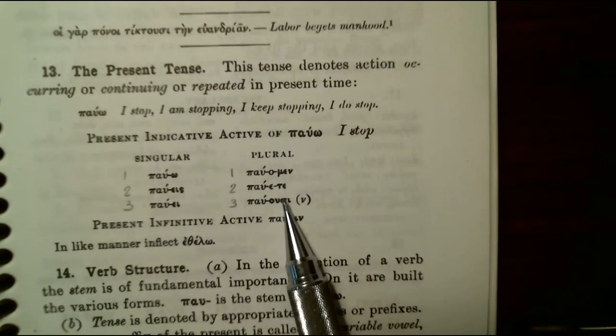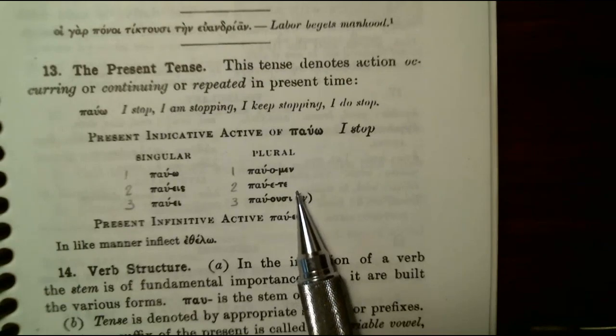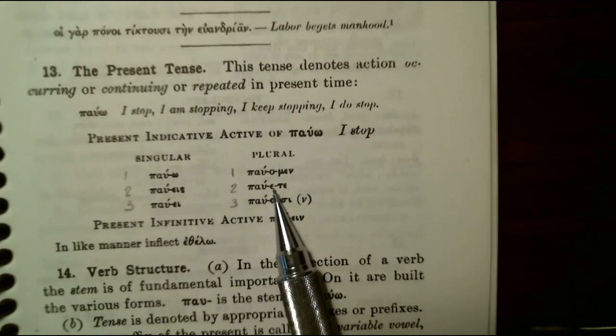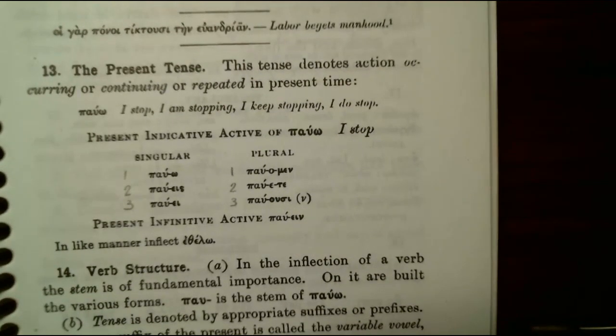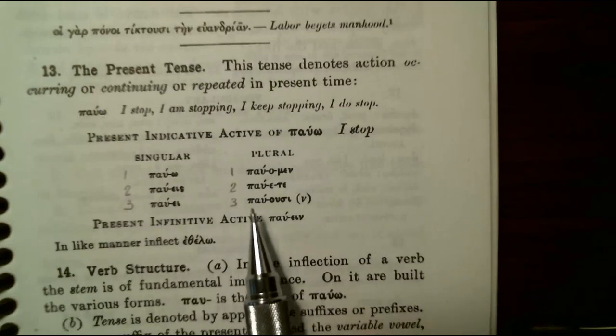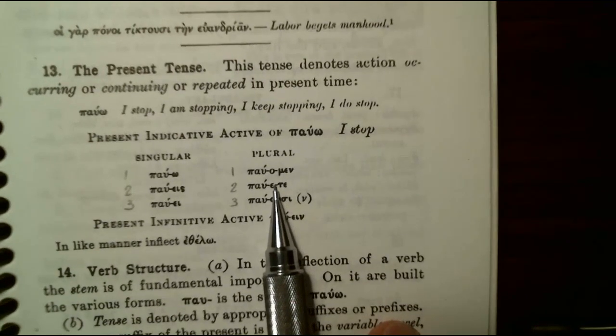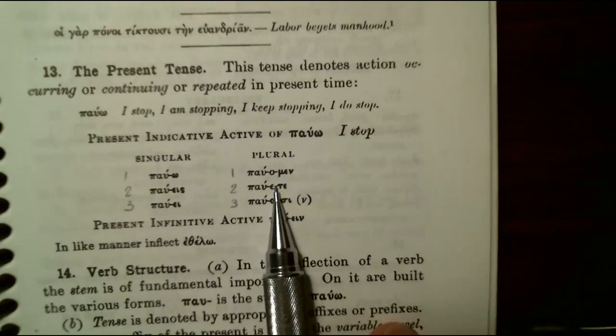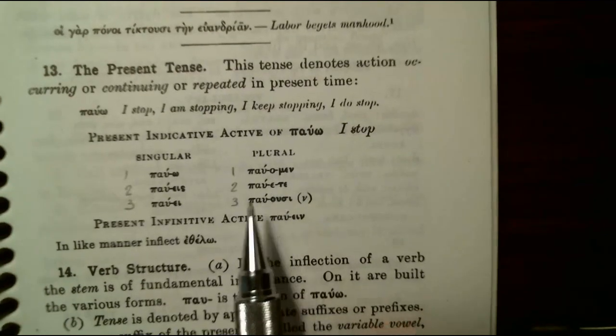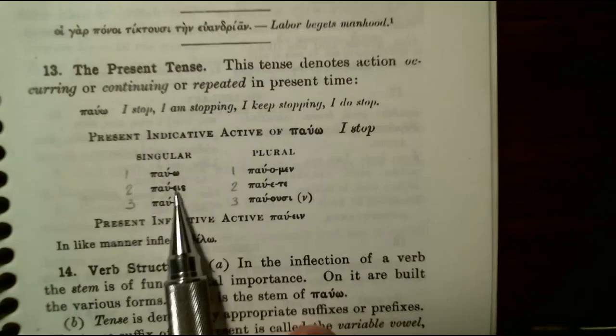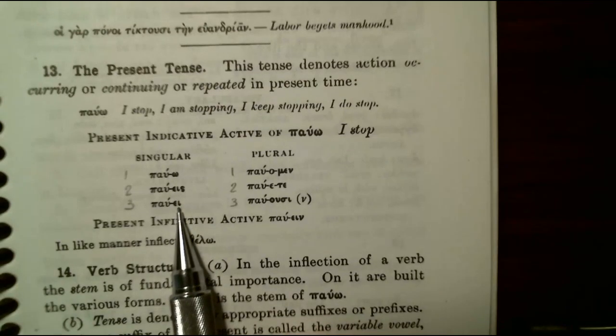Okay, but that's what they're telling us, is that the omicron tells us that, oh, this is present tense. And then the epsilon theme vowel, like say pau ete, here tells us that this is present tense. Okay, so the epsilon here is actually present in the second person singular and also in the third person singular.